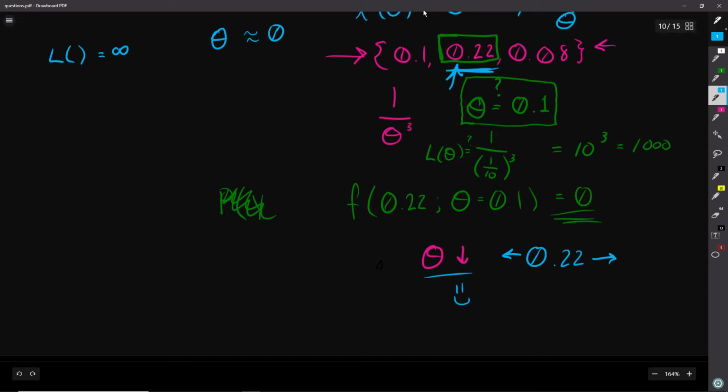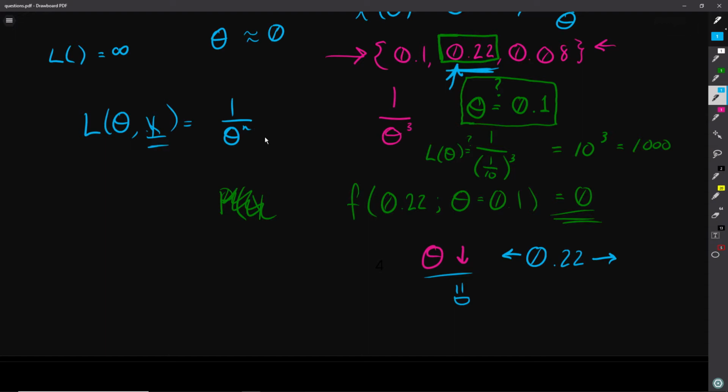So in other words, when we write down the likelihood of theta given our sample, which is equal to 1 over theta to the n, well, this is only true assuming that theta is at least as big as the largest x that we have. Okay?